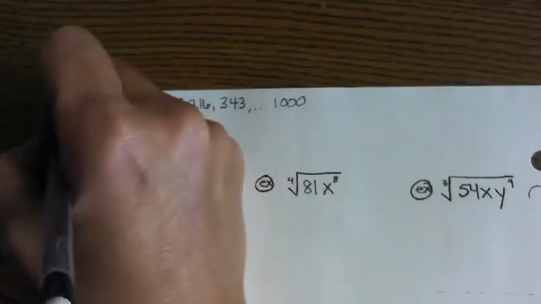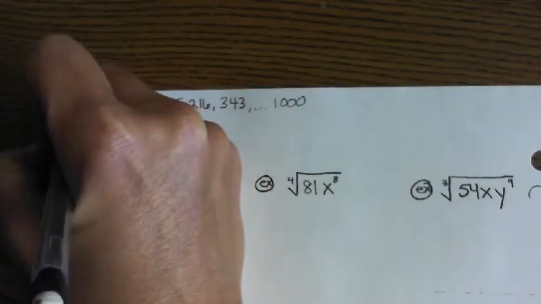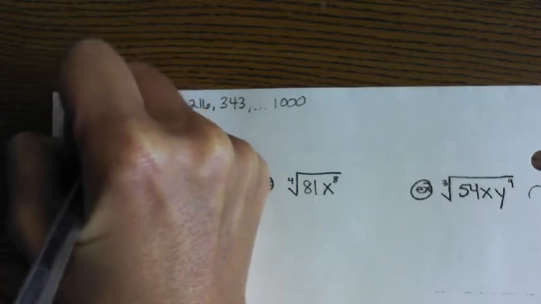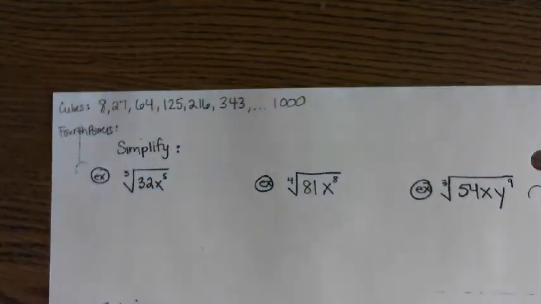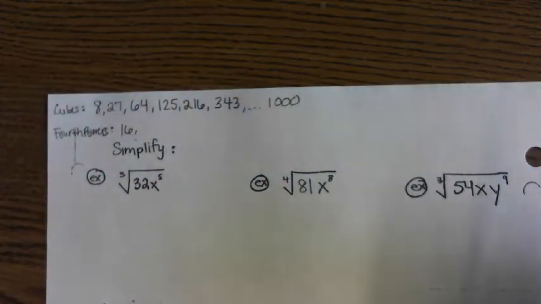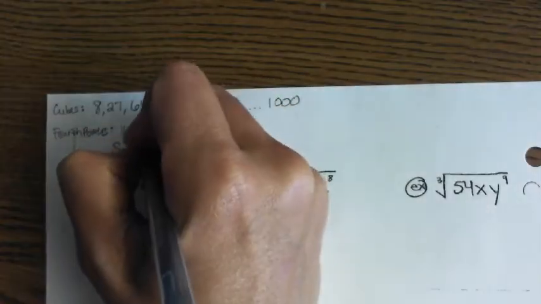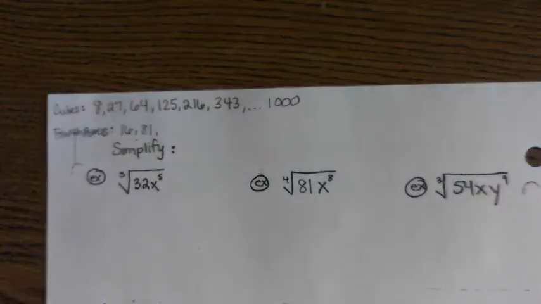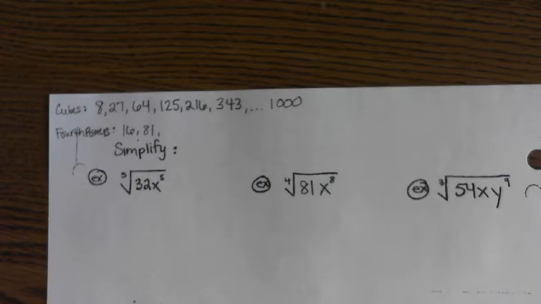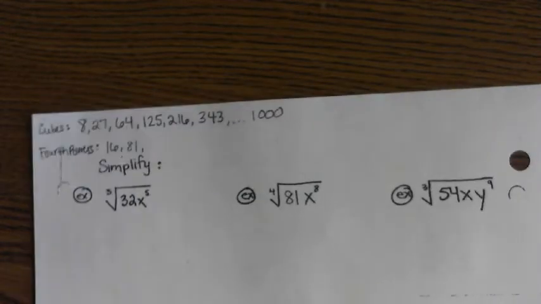Fourth powers, I mean, you really just are going to know a few. Two to the fourth is 16. 3 to the fourth, 81, very good. 4 to the fourth: 4 times 4 is 16, times 4 is 64. 64 times 4 is, what is it?